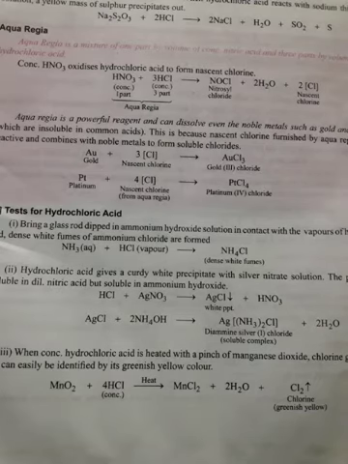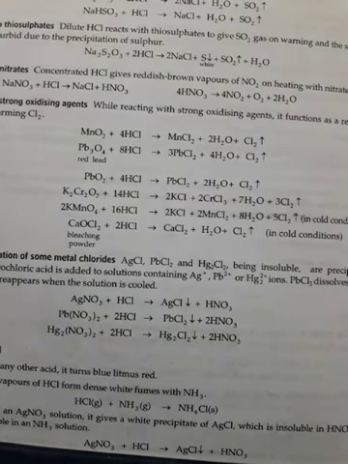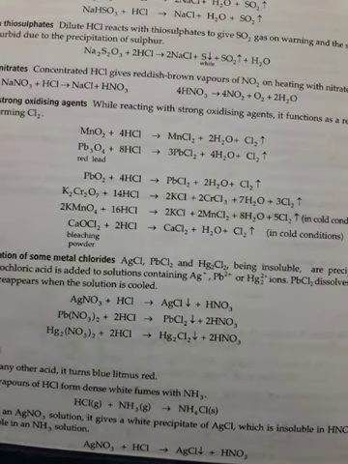Next, we will discuss the reaction between other oxidizing agents and concentrated hydrochloric acid. These reactions are also very important. Powerful oxidizing agents like manganese dioxide, lead dioxide, potassium permanganate, potassium dichromate will oxidize concentrated hydrochloric acid, liberating chlorine.